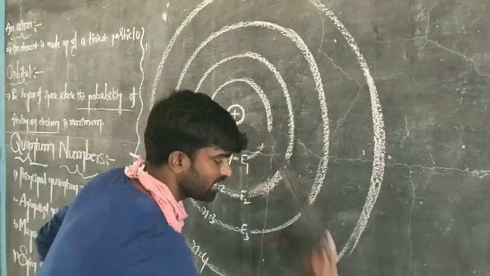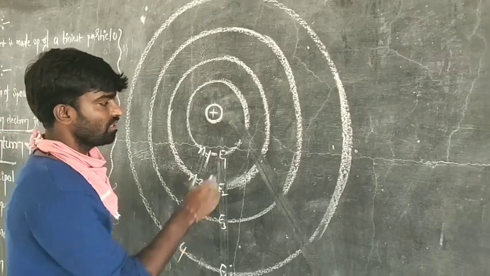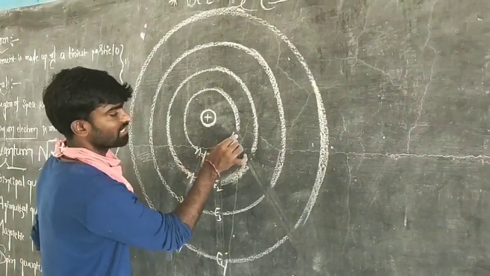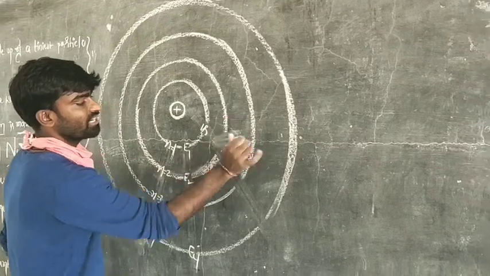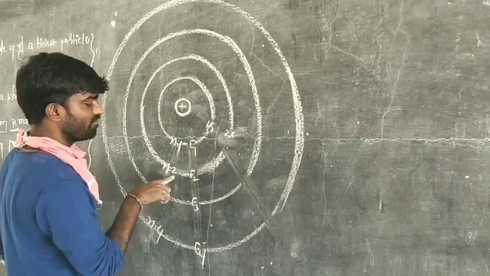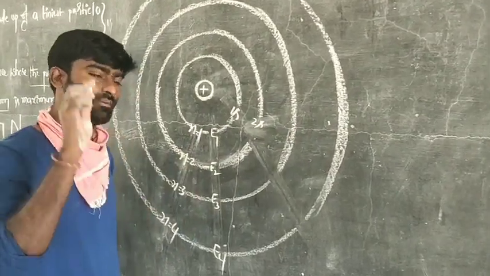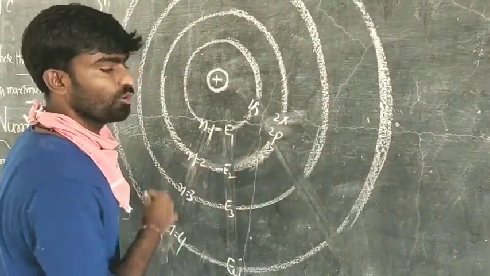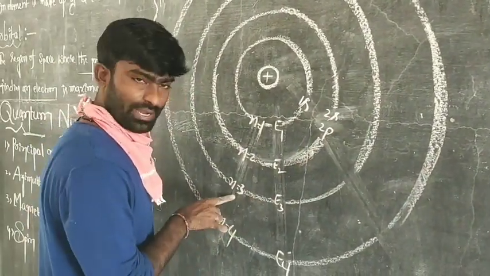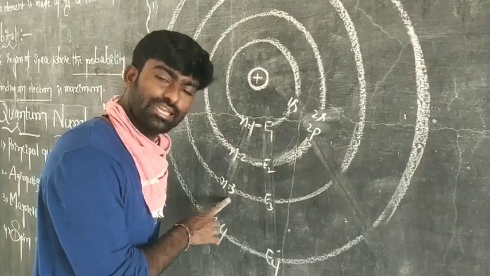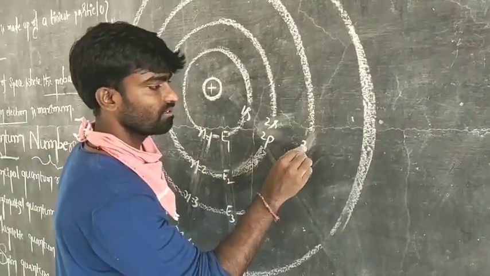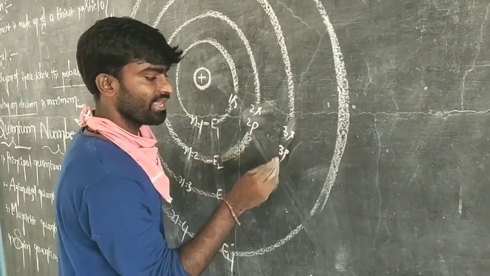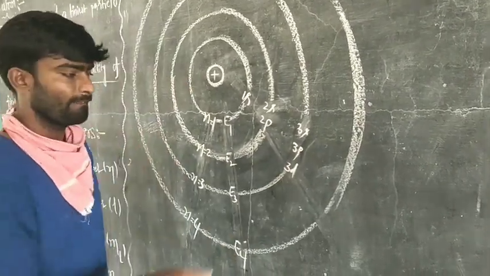And the orbitals present in each orbit. So first orbit consists of s orbital, 1s. Second orbit consists of 2 orbitals. Here 2 infers that it consists of 2 orbitals, 2s, 2p. And here third orbit infers that it consists of 3 orbitals. There are 3s, 3p, 3d.